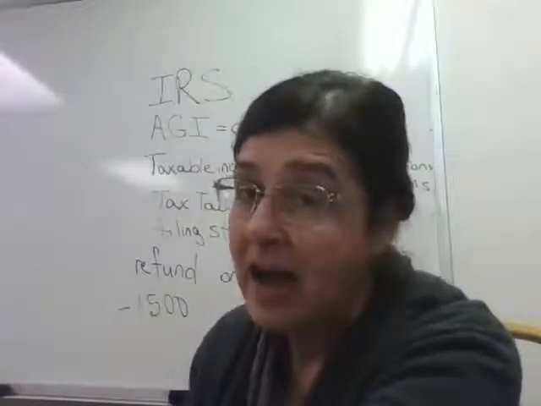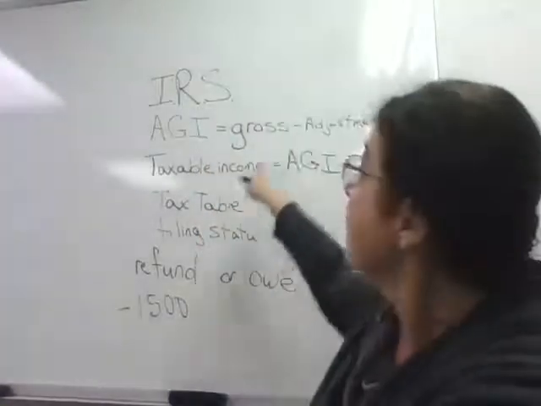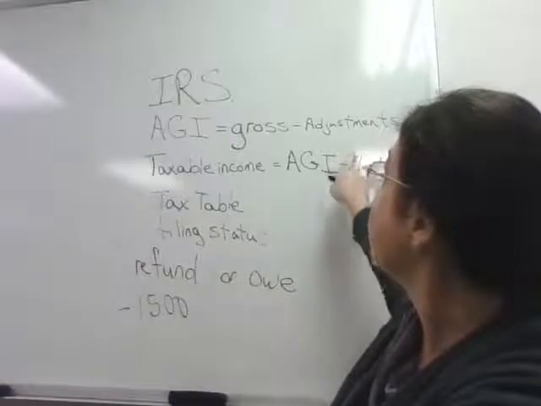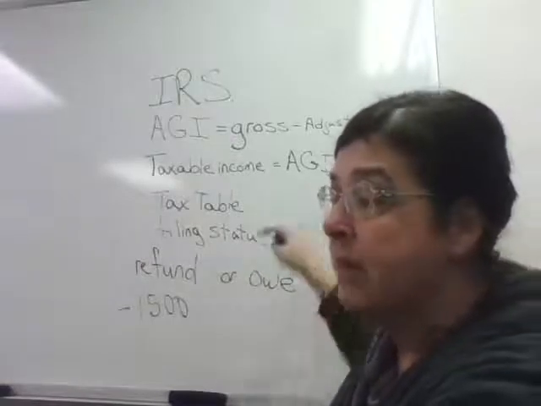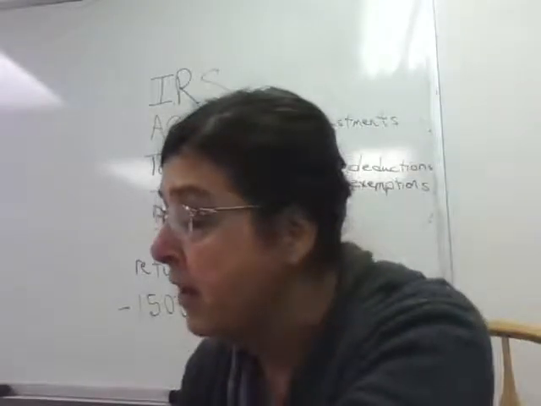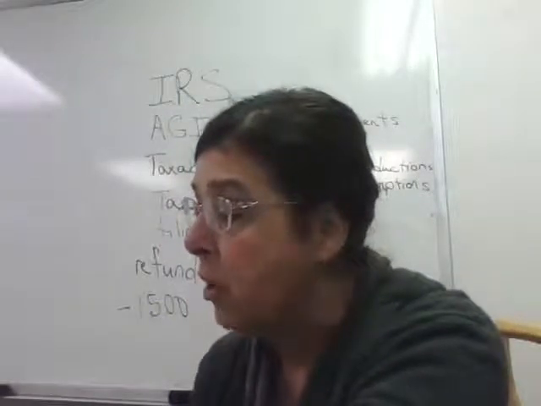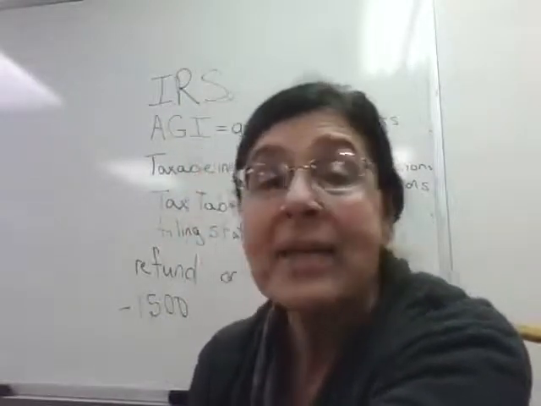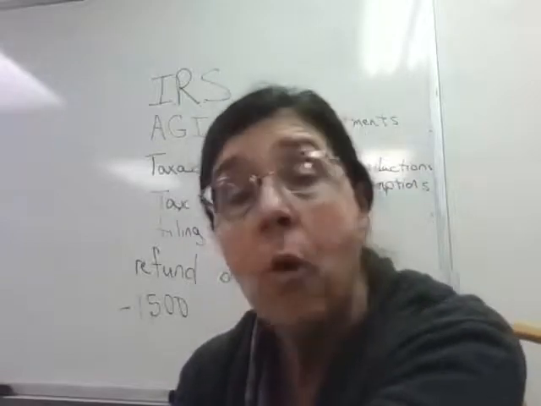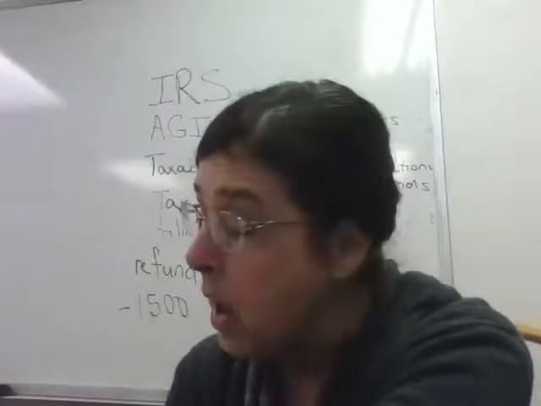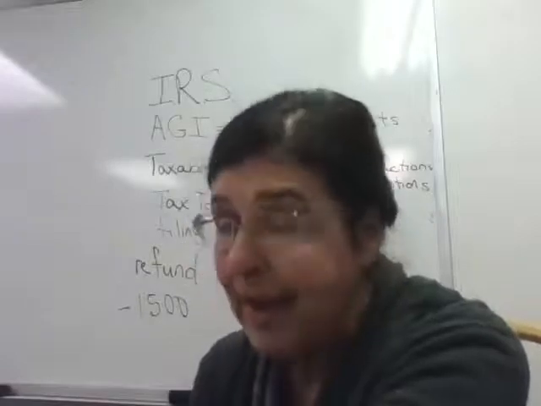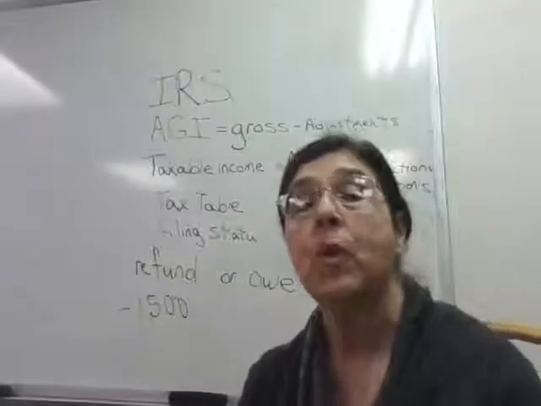Now we have the AGI. Now we can subtract the deductions and the exemptions again, the $2,500 and the $3,900. We're going to subtract all 3 of those numbers to get number 4A's answer of $18,224.